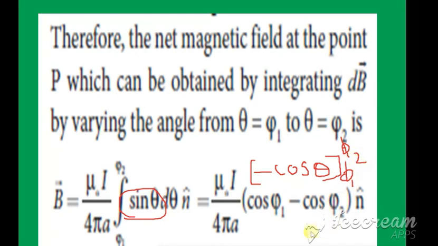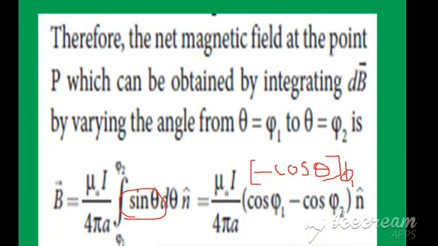So if you apply the limits, it becomes minus cos phi 2 minus, already we have a minus here, and in the formula it is upper limit minus lower limit, so it becomes plus cos phi 1. So minus cos phi 2 and plus cos phi 1. So this I am just arranging and writing as cos phi 1 minus cos phi 2. So this is the value which we have got for this magnetic field.